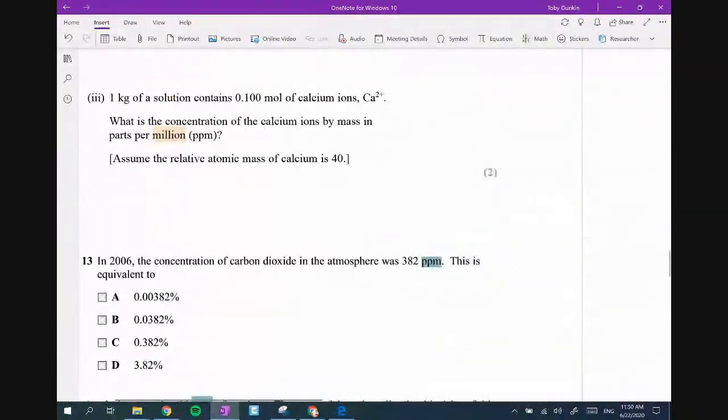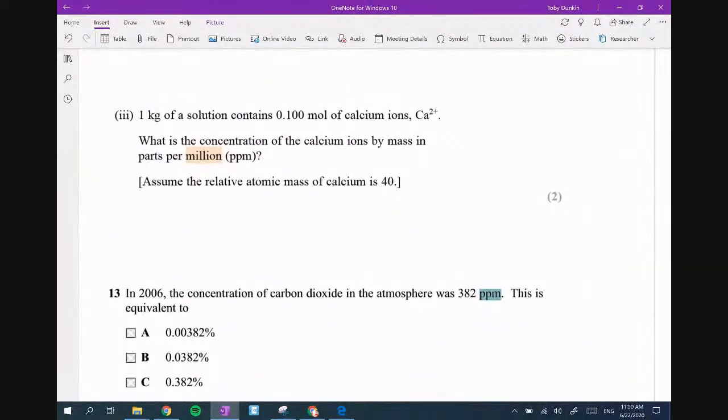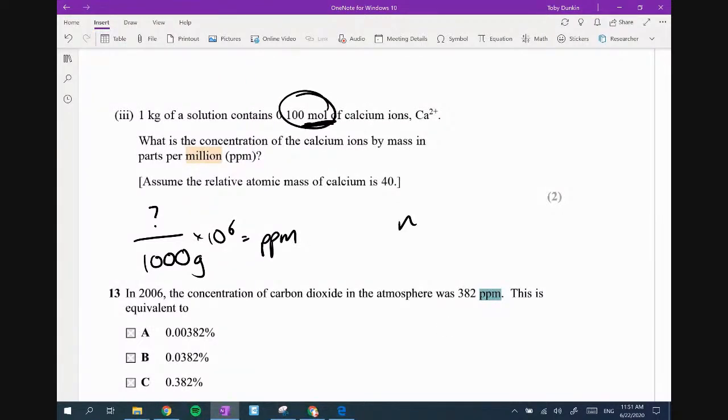1 kilogram of solution contains 0.1 moles of calcium ions. What is the parts per million? Oh, moles! I thought it said grams. Right. So I need parts per million: question mark over 1 kilogram of solution times 10 to the 6 gives us ppm. But the problem is we must be in grams and we've been given moles. Number of moles is grams over Mr. Reorganize: number of moles times Mr will give me grams.